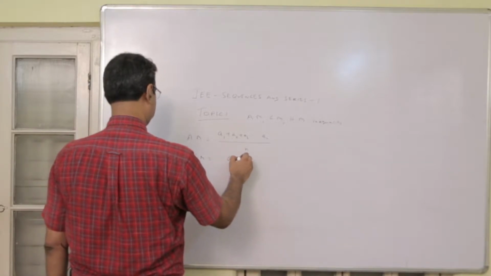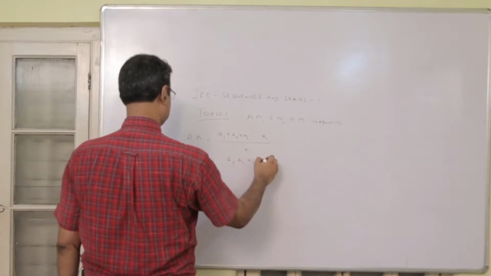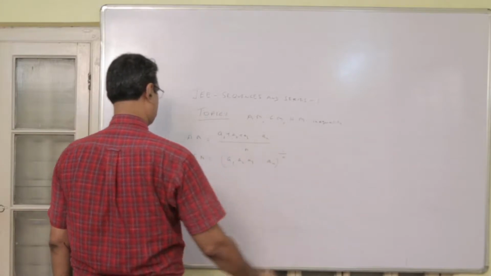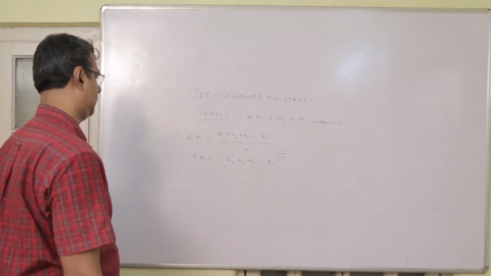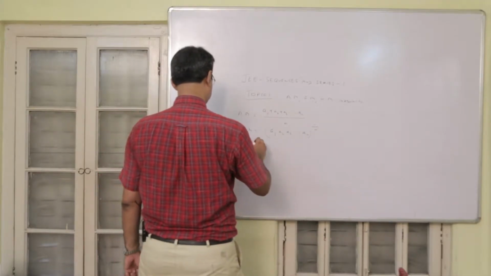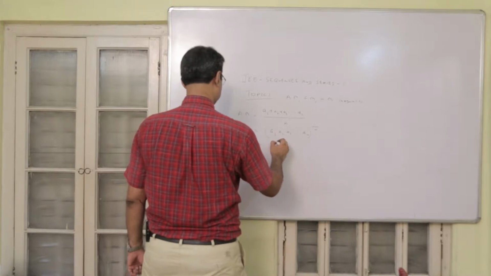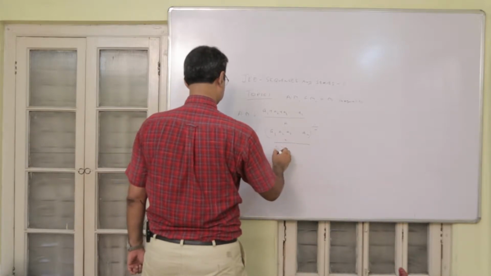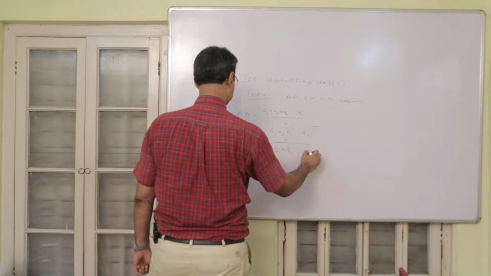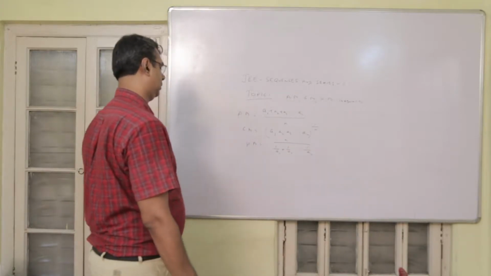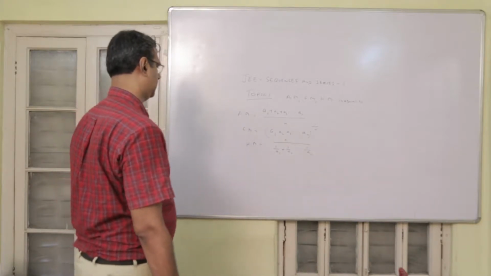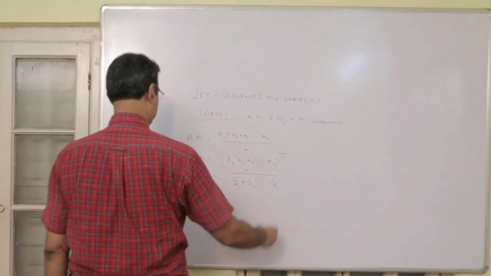The geometric mean is equal to the product of a1, a2, a3 up to an raised to the power 1 by n. And the harmonic mean is n divided by the sum of the reciprocals of a1, a2 up to an.